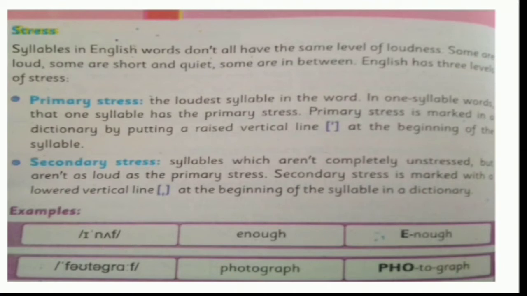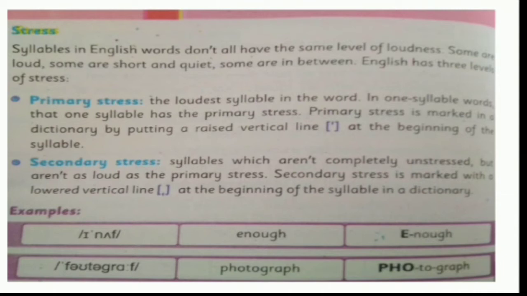Now, secondary stress. Syllables which are not completely unstressed but are not as loud as primary stress. Secondary stress is marked with a lower vertical line.